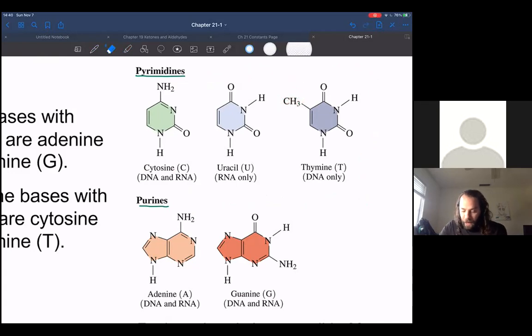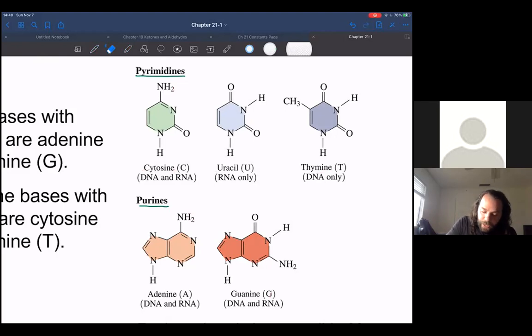Why are all the other nucleotides the same in DNA and RNA, but thymine and uracil are different? It actually has to do with the fact that RNA is very short-lived within the cell, whereas DNA is going to be there forever, and you don't want any mutations in your DNA.